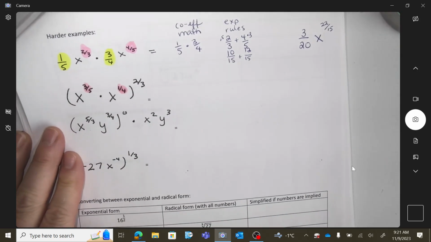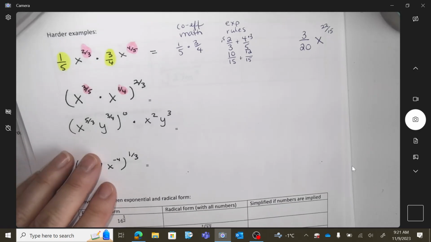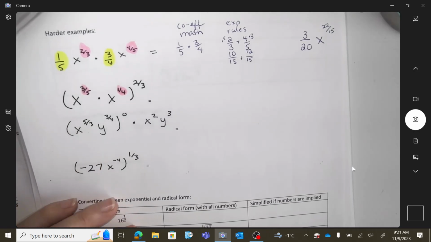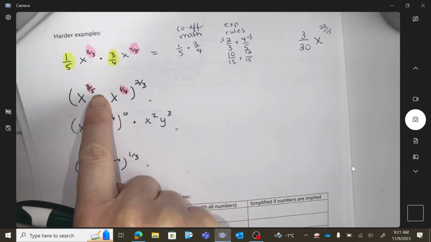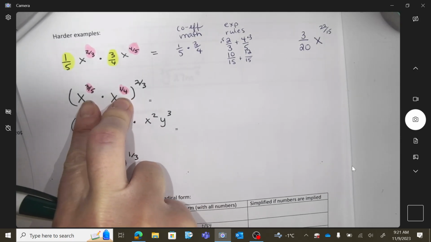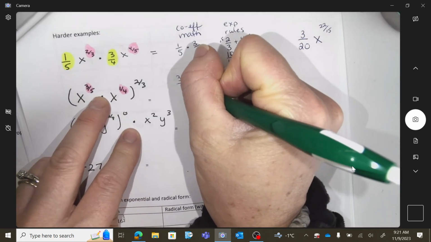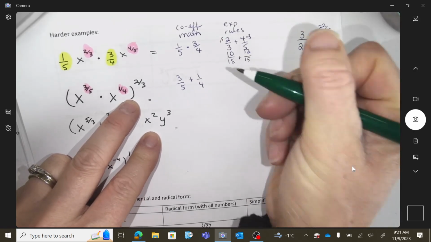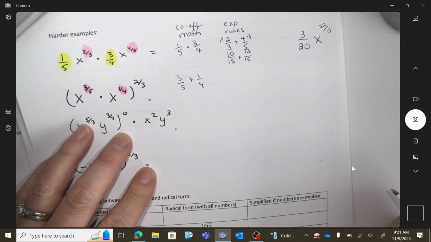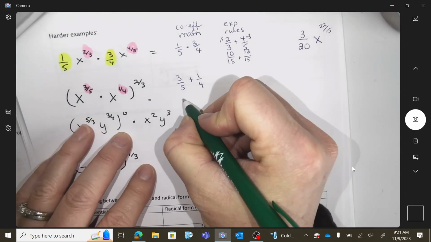Okay, there's no coefficients on this question, so exponents, rules. So if this is a times, I'm going to do what? Add them. So I'm going to do a 20 on the bottom.